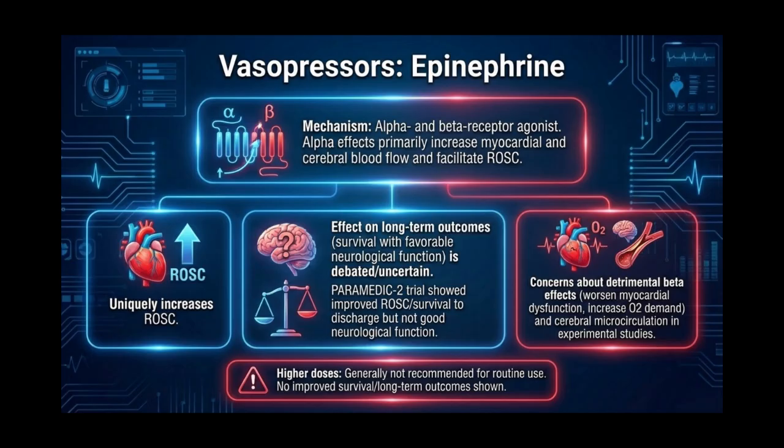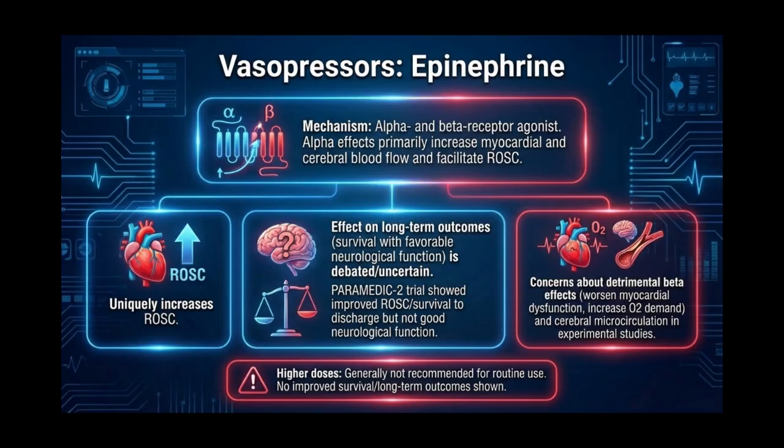The effectiveness of epinephrine has been a topic of debate for many years. Preclinical evidence supports its administration, highlighting improvements in blood flow to the brain and heart during resuscitation efforts. While it is clear that epinephrine enhances the chances of achieving spontaneous circulation, the implications for long-term outcomes, particularly survival with favorable neurological function, remain contentious.